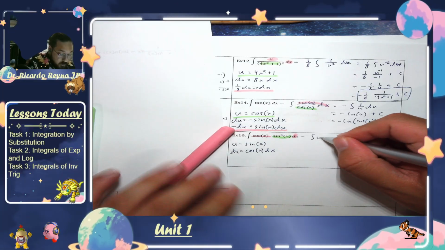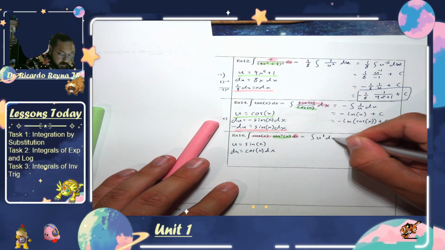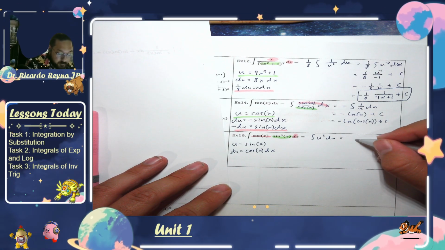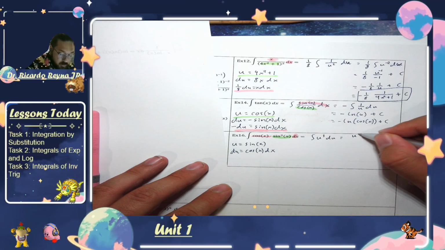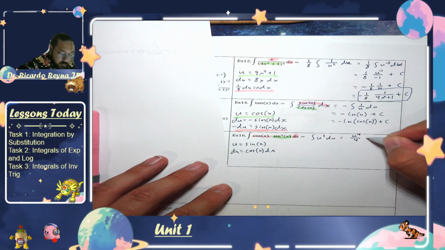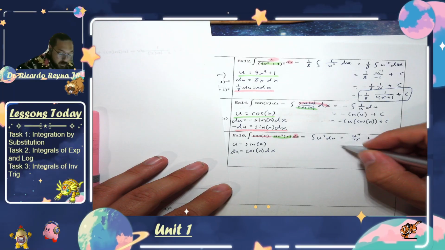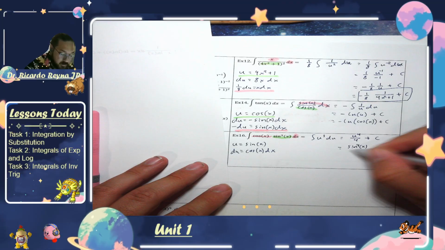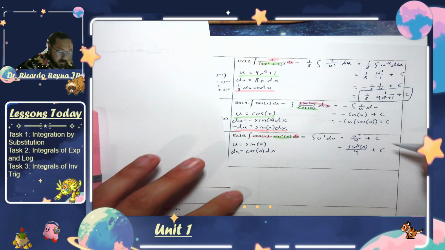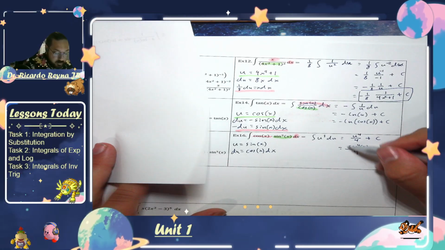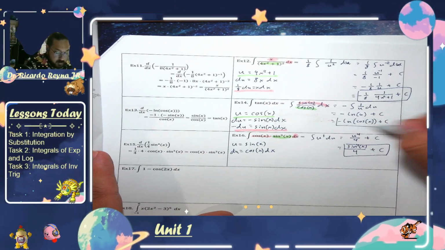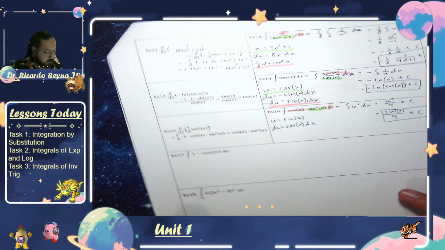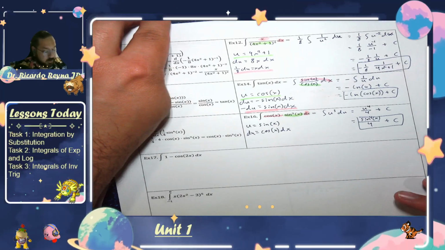So the integral of u to the power of 3 du. Then from there, you can use a glorified power rule, and you'll get u to the power of 4 over 4 plus c. And then you plug in u, sine to the 4th of x over 4 plus c. Yes. All right. Let's move on.